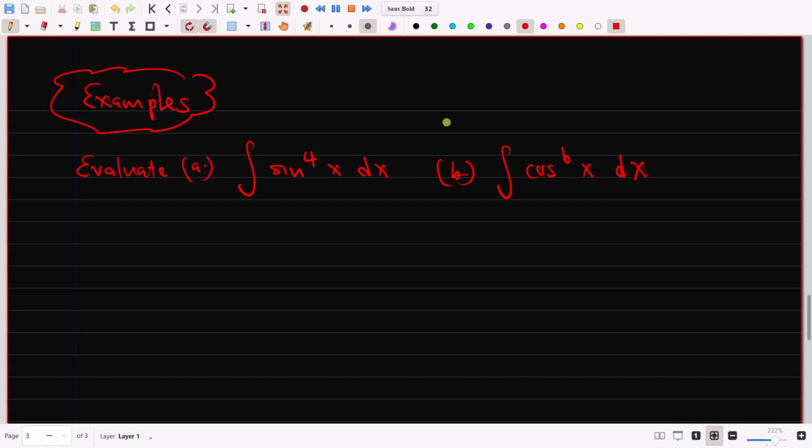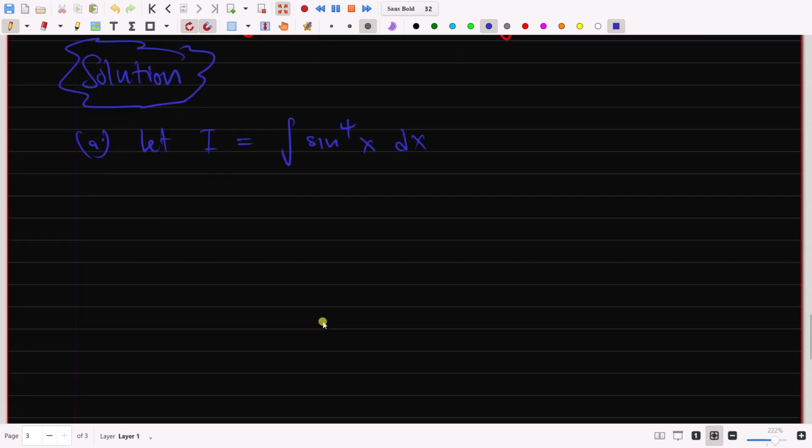At first you can let I be the given integral, which is sine to the 4 x dx. Then the procedure is always as follows. Every time we are dealing with even powers of either sine or cosine of x, the first thing is you have to break down the given function into powers of 2. So you will get sine squared x times sine squared x dx.